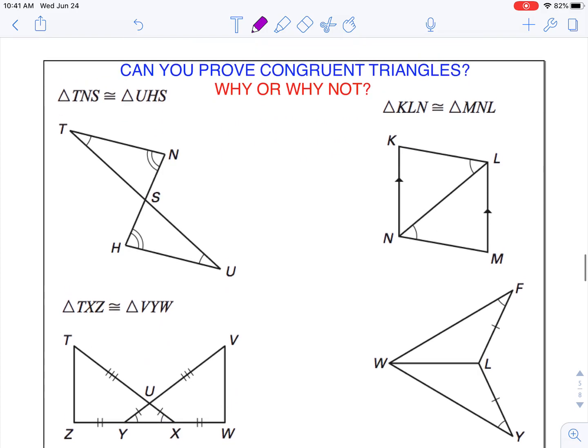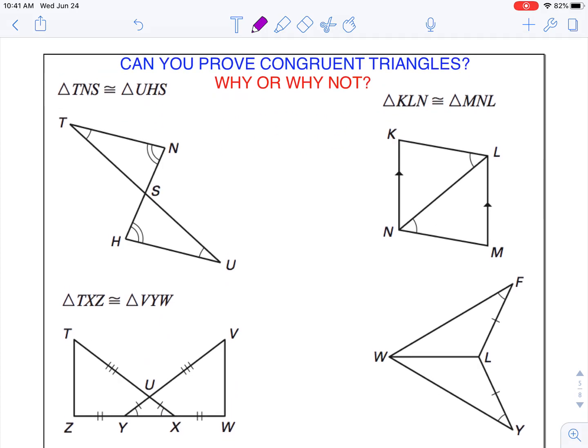Let's determine if we can prove these triangles are congruent, and if we can, we're going to say why or why not. This is asking, is triangle TNS congruent to triangle UHS? Angle T and U are corresponding and congruent, and angle N and H are corresponding and congruent.